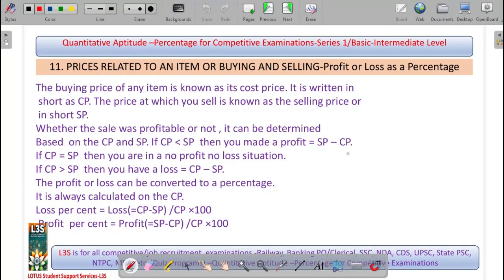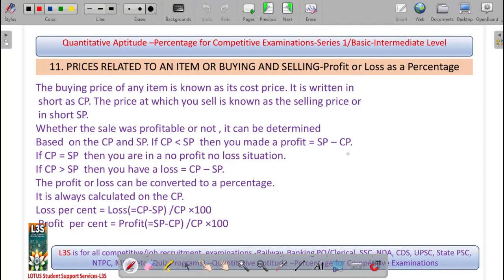Loss as a percentage. The buying price of any item is known as cost price. It is written in short as CP. The price at which you sell is known as selling price or SP.